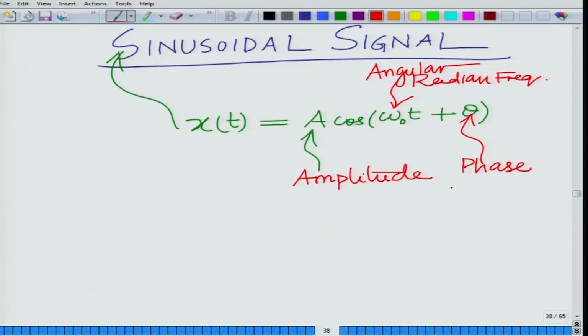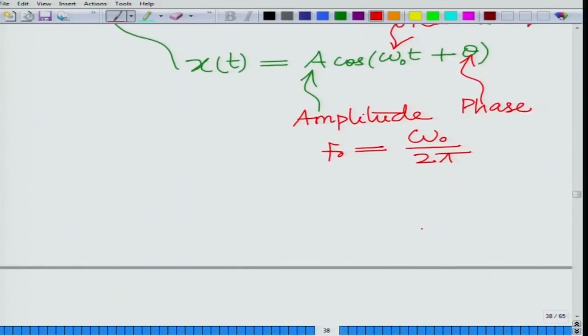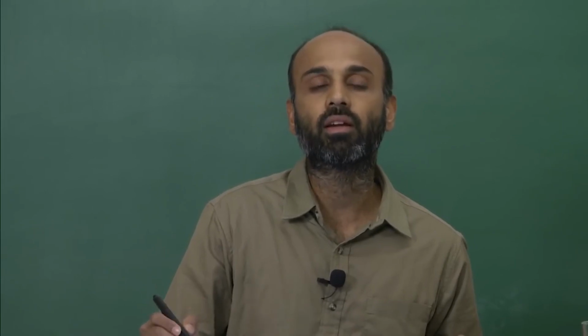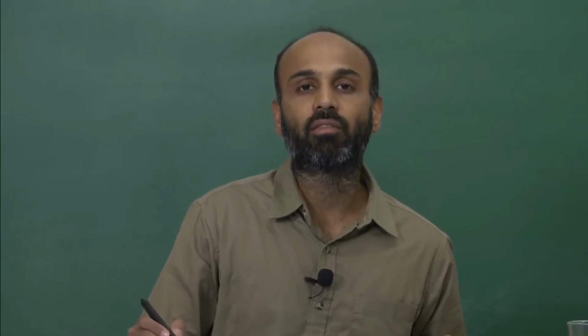The frequency f naught, as we have already seen, is given as omega naught divided by 2 pi. We have also seen that it can be represented as A cosine 2 pi f naught t plus theta. f naught is the frequency, or the fundamental frequency.